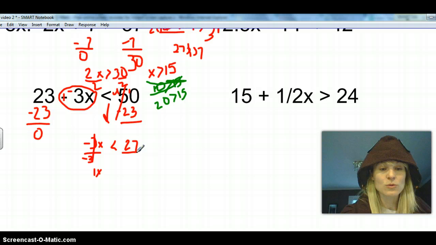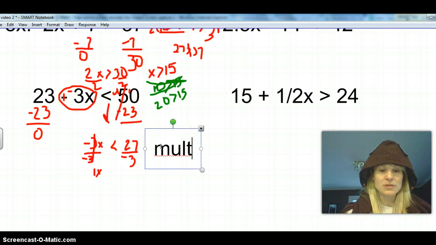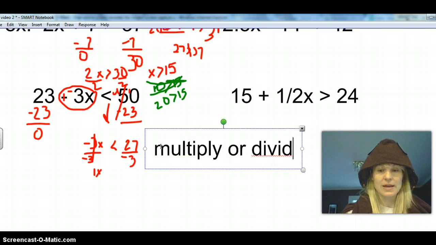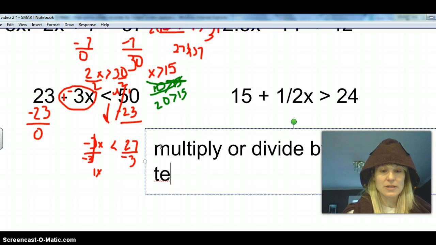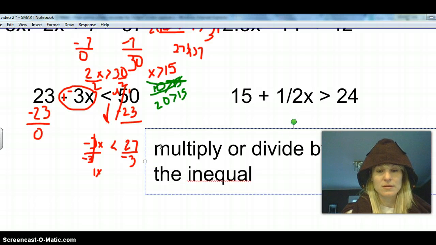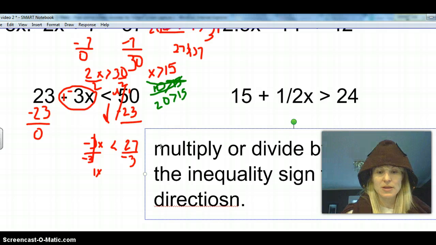Now, the rule is, hopefully you'll remember this, whenever you multiply or divide by a negative, the inequality sign flips directions. I know you can't read that, I'm going to move it.